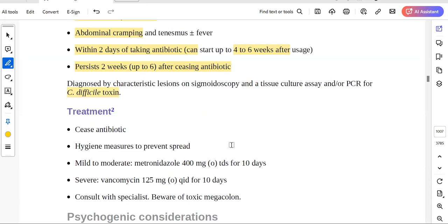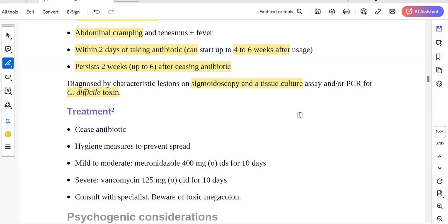So we send the stool for C. diff toxin. Now, in the exam, if they ask the initial investigation, that's your C. diff. If they ask for a confirmatory investigation, then you can think of sigmoidoscopy. You do a sigmoidoscopy and take a culture from the colon, and that can also grow the C. diff.